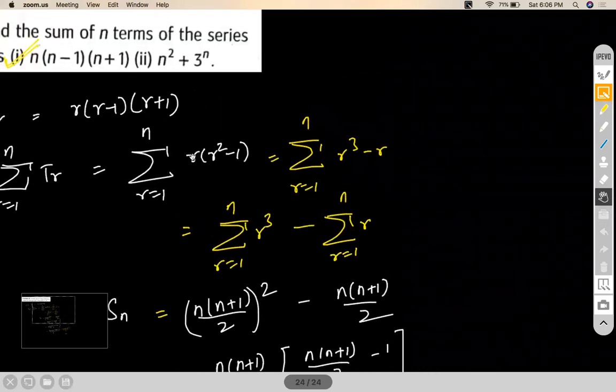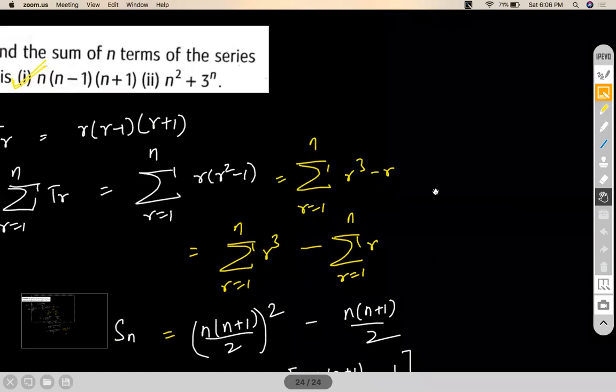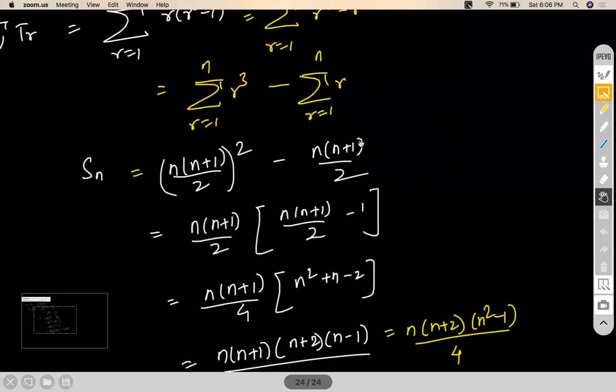So let's move on to the second one. n square plus 3 to the power n. How will you do that question?